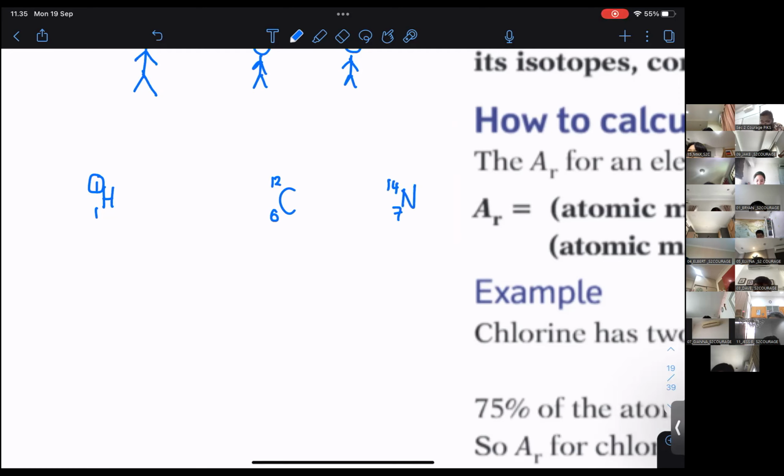It means that carbon is 12 times heavier. One atom of carbon is 12 times heavier compared to one atom of hydrogen. I hope it's clear. So if you have 14, the scientists say nitrogen is 14 times heavier compared to hydrogen.